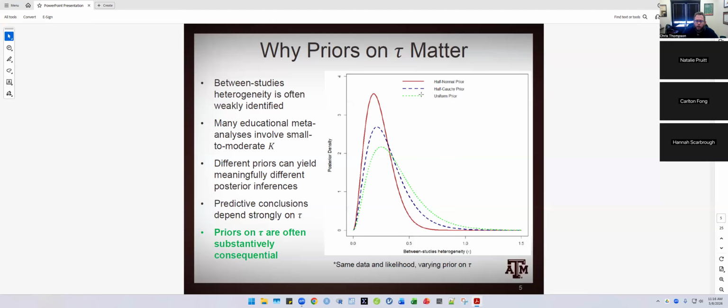So here, the half normal and the half Cauchy and the uniform, going top to bottom, they all have approximately the same peak, or in this case, since they all have one mode, approximately the same mode. Maybe it's off by 0.0 something, but they're mostly similar.